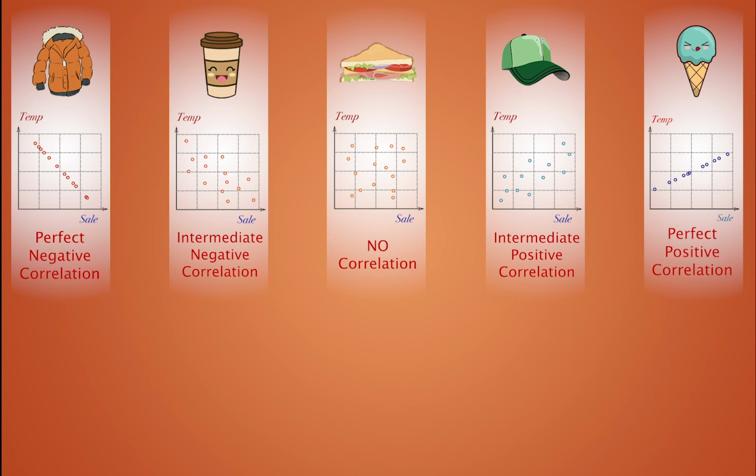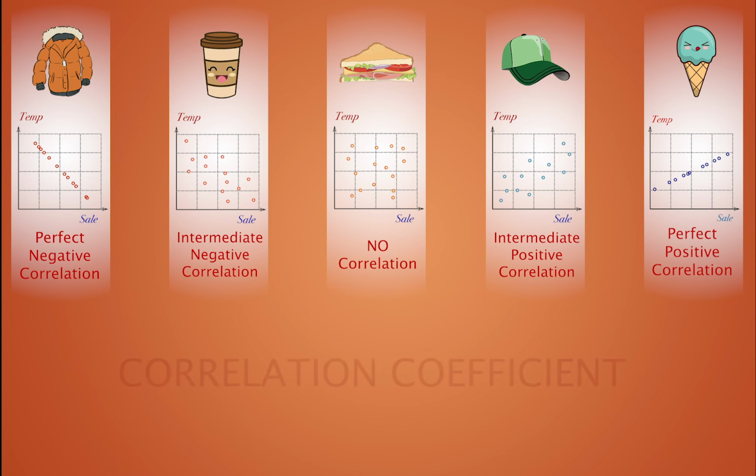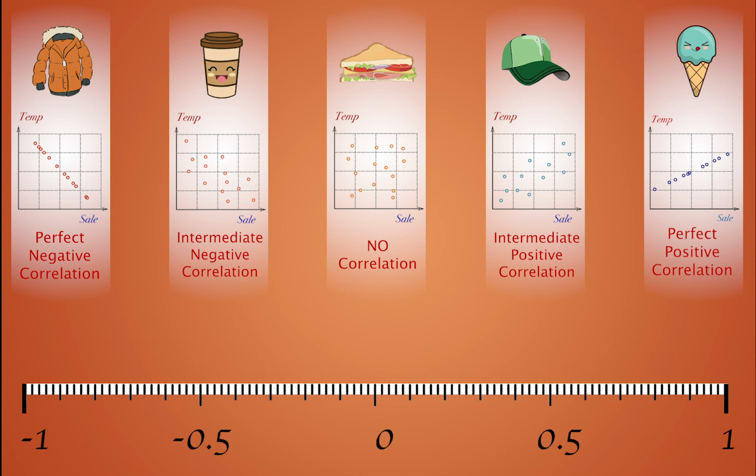What we're going to do now is to assign these numbers. But what is the correlation coefficient going to be? What happens is that the information is set to a number line that goes from -1 to +1. So you can imagine that if a scatter plot has no correlation, that would be a 0.